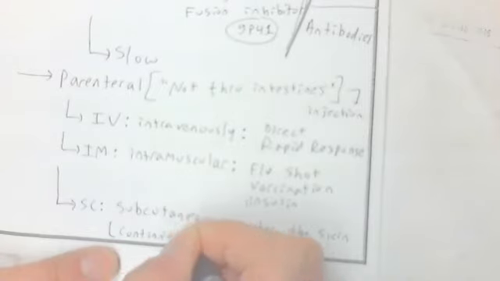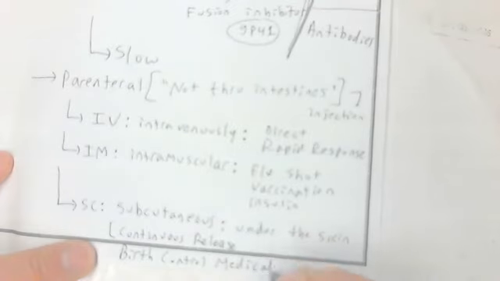A lot of continuous release birth controls are done this way. So it can be done very slowly. Birth control medication. And yeah, it's often used for slow release type regimens, I guess, right?